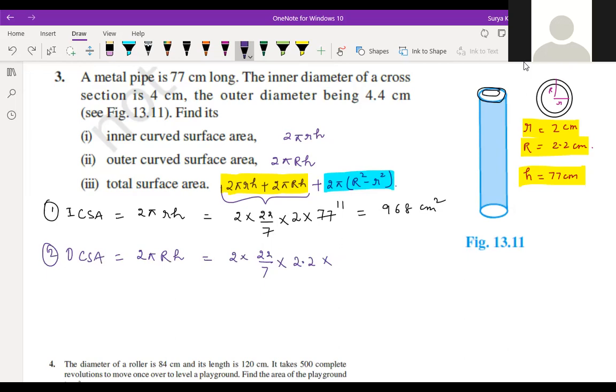So 7 11s are 77, again you can do 11 2s are 22, 484. 484 into 22. So we'll get here 1064.8 centimeter square. Is it clear, children?